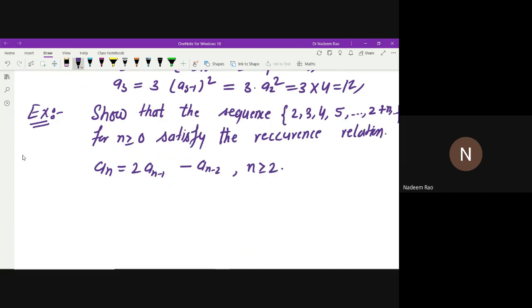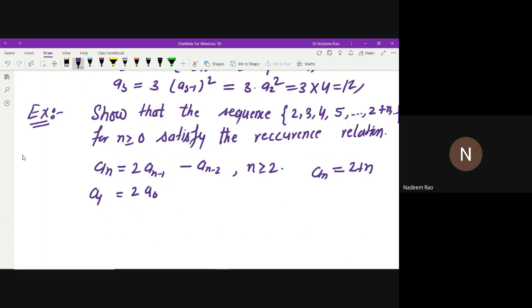Okay. So if we see for n equals 1, that is a1 equals 2 times a naught. And we see here that a_n, the nth term of the sequence, is 2 plus n.